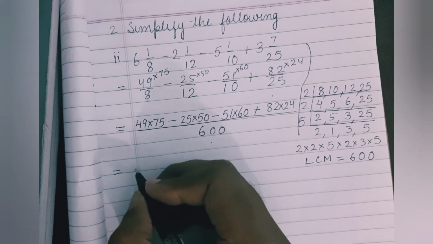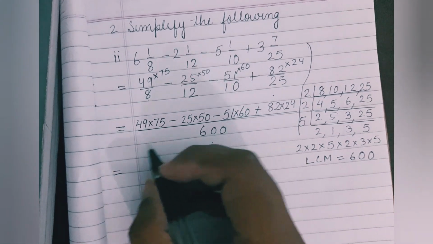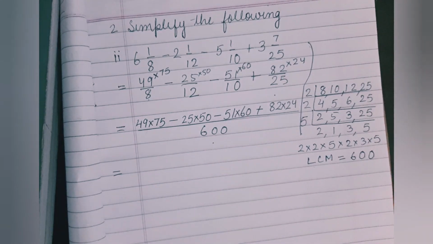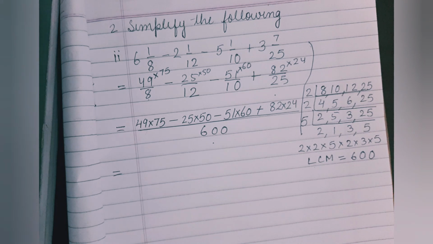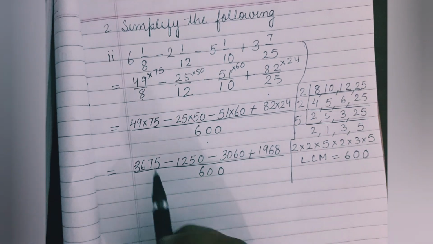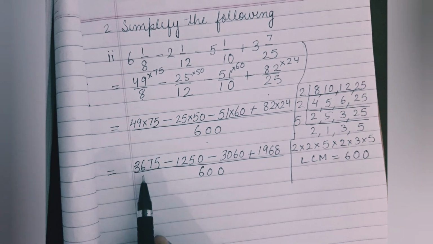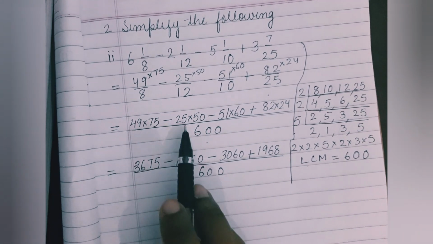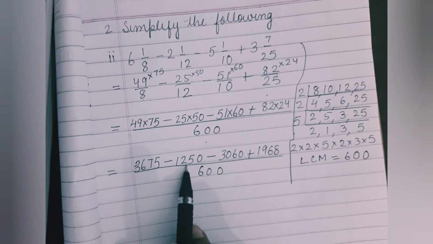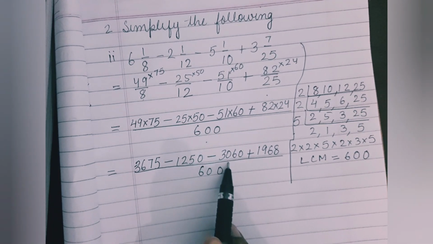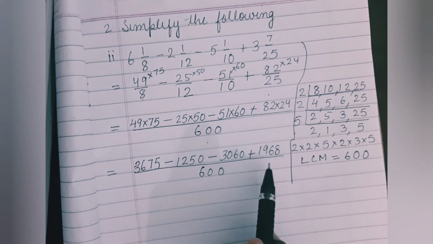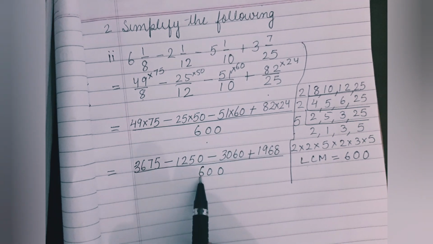Now solve it, multiply it. When we multiply 49 into 75, it has come 3675. 25 into 50, 1250. 51 into 60, 3060. 82 into 24, 1968 upon 600.